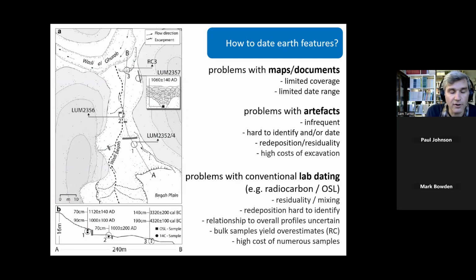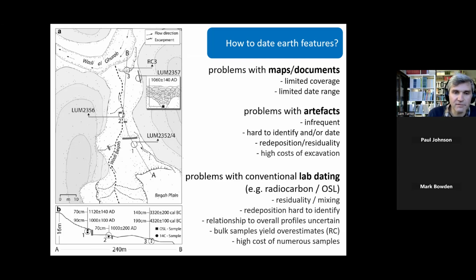Of course, we've got a lot of well-known problems. Problems with maps and documents, their coverage is limited, their date range is limited. Problems with artifacts, they're infrequently encountered in small trenches or trenches through such features, and typically hard to identify because they might be highly fragmentary and likely to be redeposited.